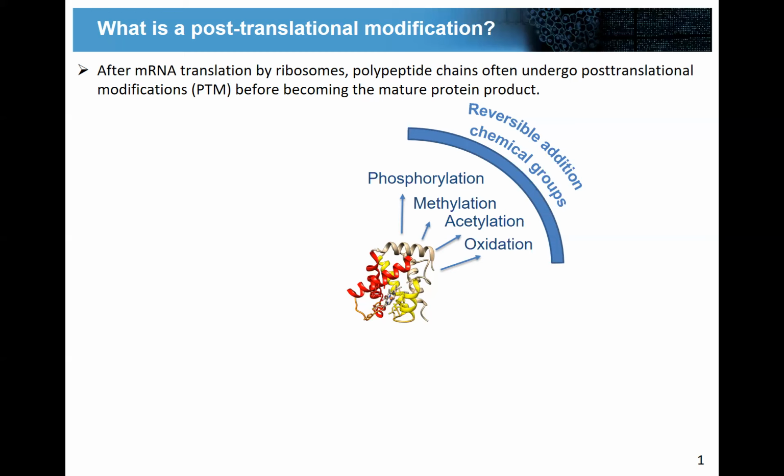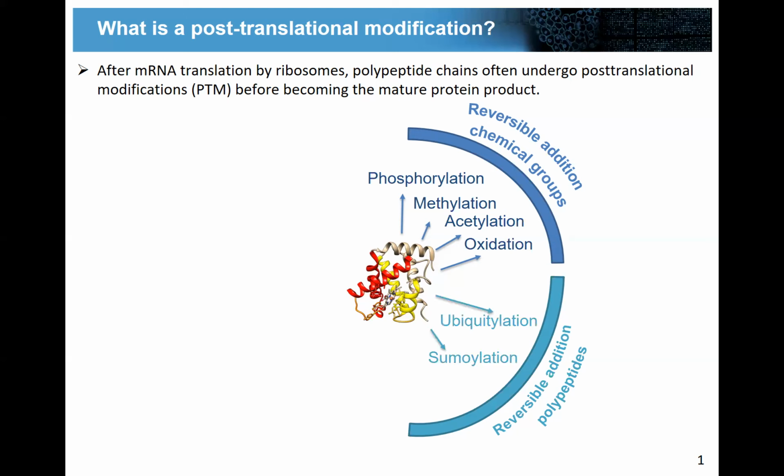Another type of PTM is the reversible addition of another protein at the side chain of a protein. So a modification with a polypeptide sequence. Examples that fall in this category are ubiquitinylation or sumoylation, which are all important PTMs involved in degradation of proteins, for example.